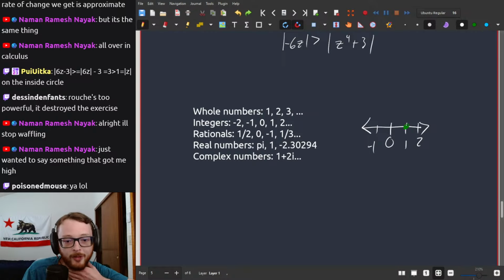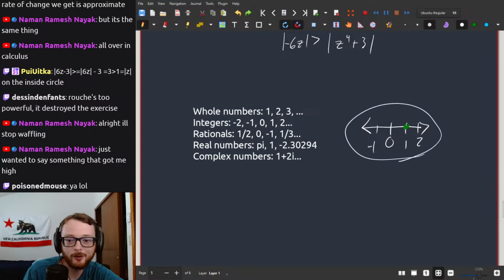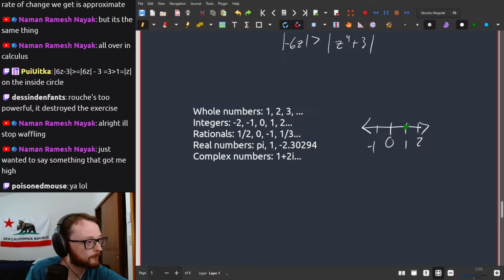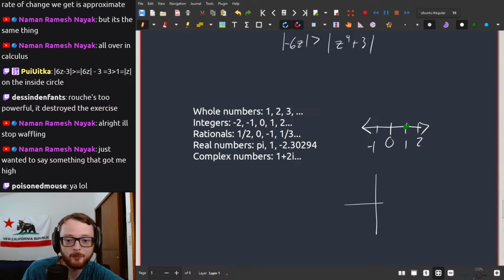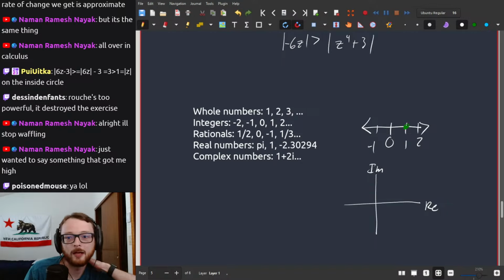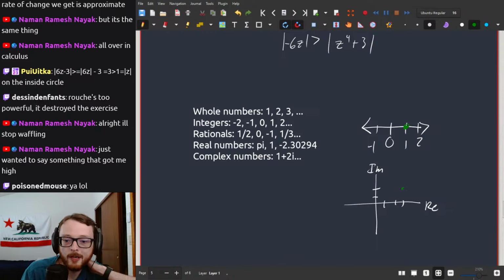When we do complex numbers, if we want to represent those, it's basically our good old number line, but evolved. We need an extra dimension now, because there's a real part and an imaginary part. So now the number 3 plus 2i is over here.